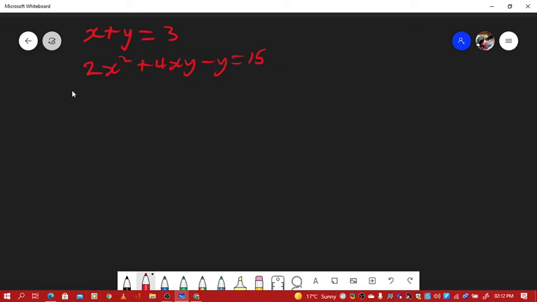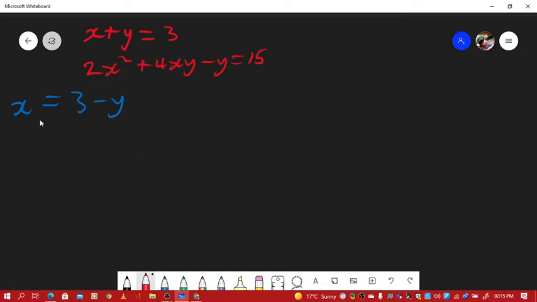Okay, the golden rule: whenever you solve for x and y, you get rid of one variable. So I'm going to get rid of x by saying x is equal to 3 minus y. So this is my x value here.